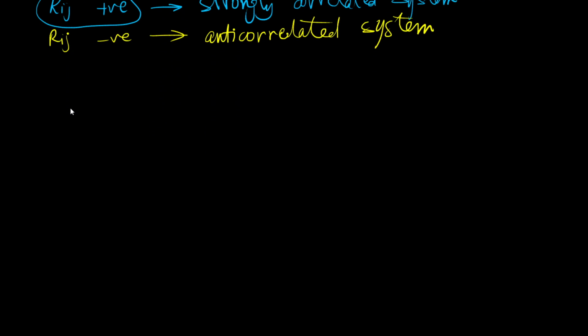So typically, Rijs are normalized. So how do you normalize Rij?